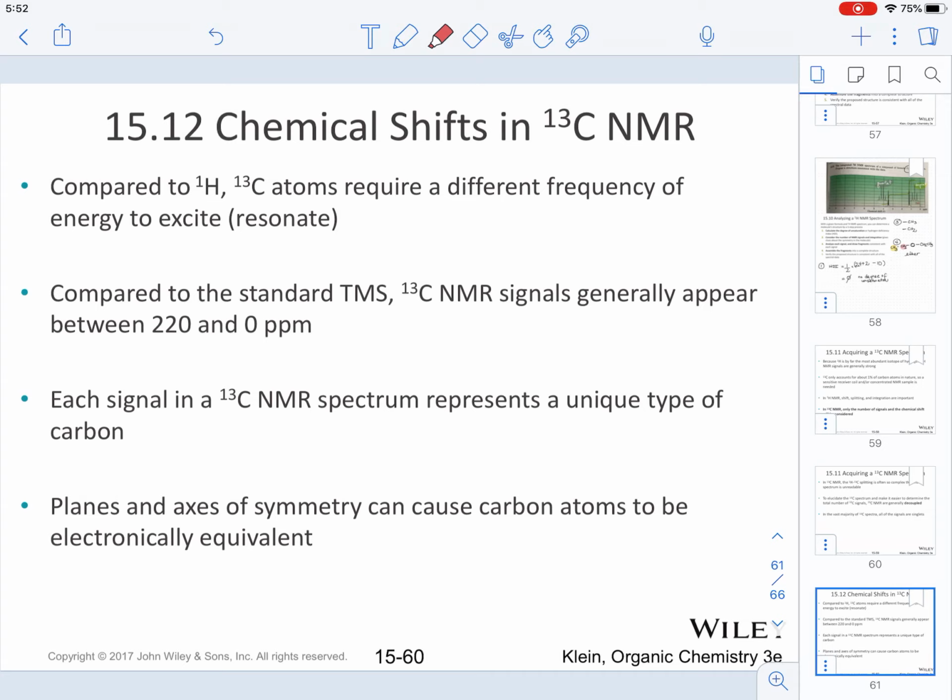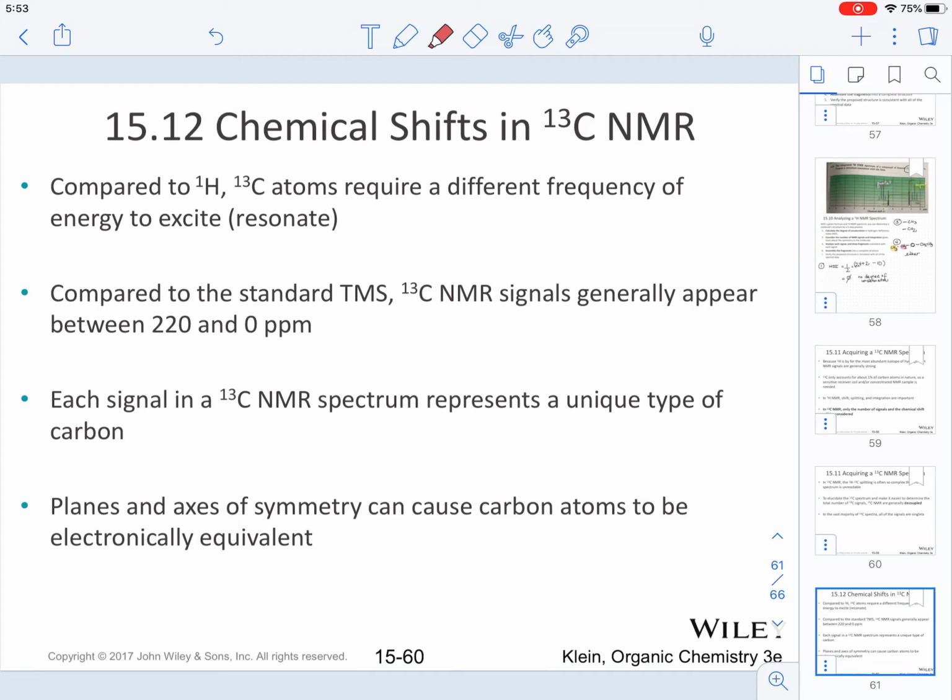So we are also utilizing an internal standard, okay? Compared to the standard TMS, the carbon-13 NMR signals generally appear between 220 and 0 ppm.